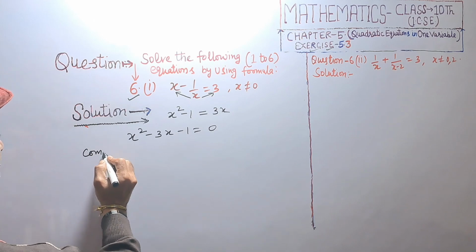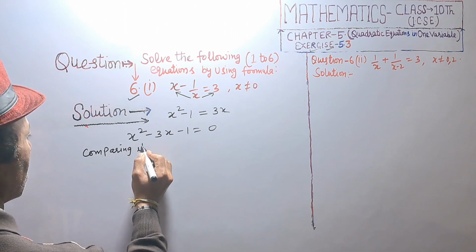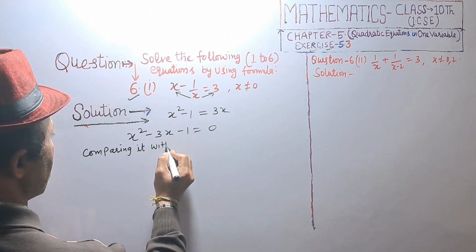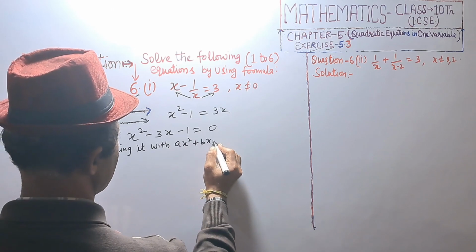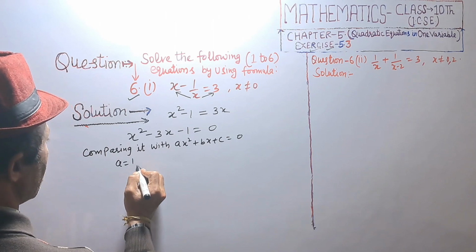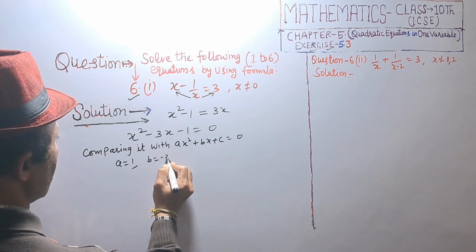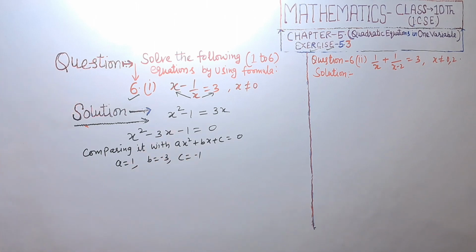Comparing it with ax square plus bx plus c is equal to 0, a equal to 1, b equal to minus 3 and c is equal to minus 1.